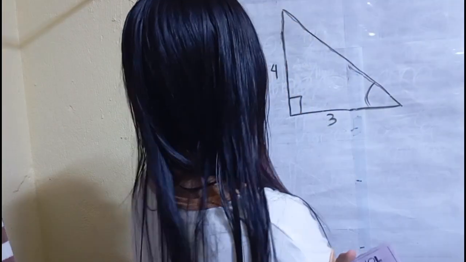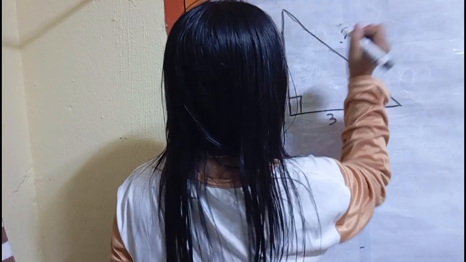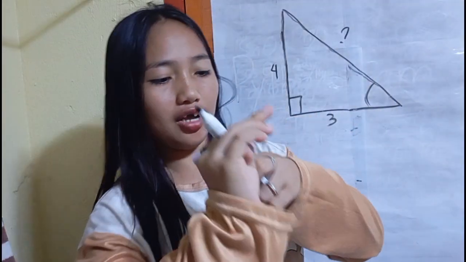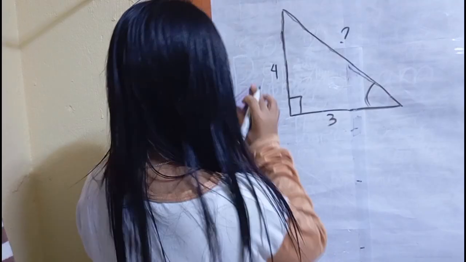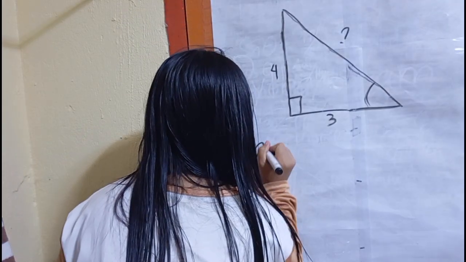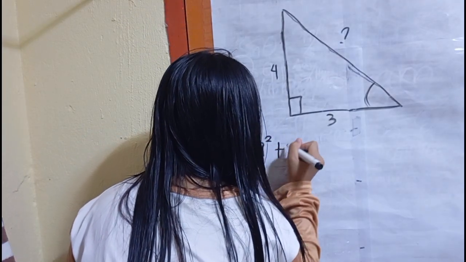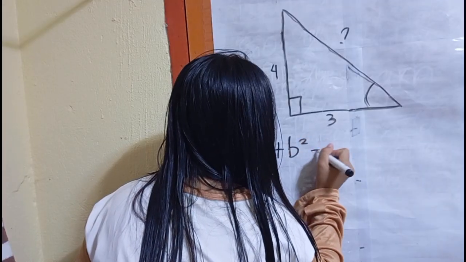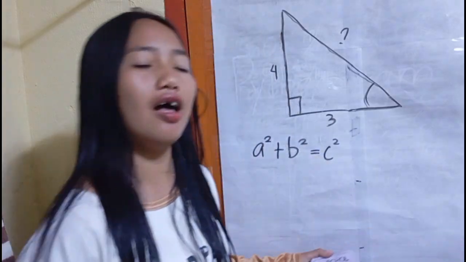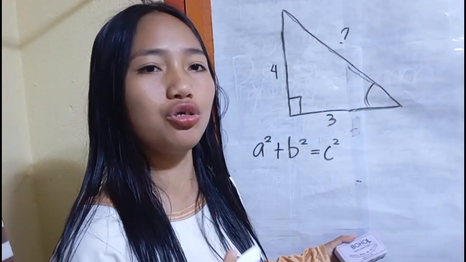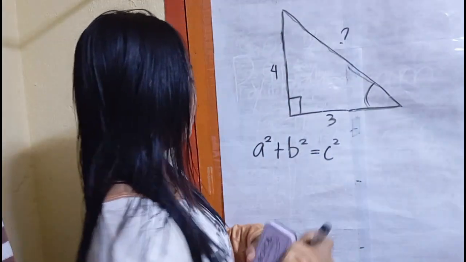What is the length of the hypotenuse? Since the hypotenuse has no value, let's try to answer this one. Our formula is a squared plus b squared is equal to c squared. After we write the formula, let's substitute the known values.